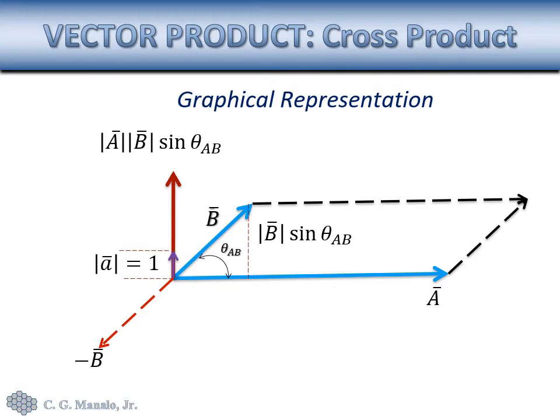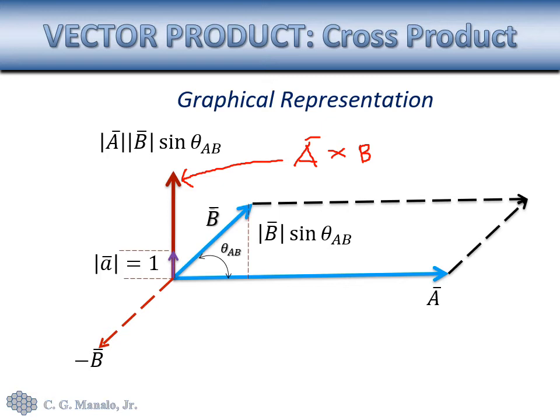So this is a graphical representation of the cross product. Let's say we have A cross B. That will give us a vector which is like this, and that vector is perpendicular to the plane of the two vectors.